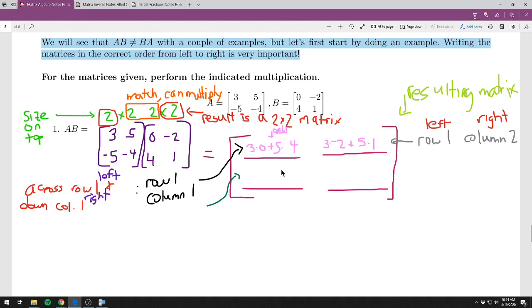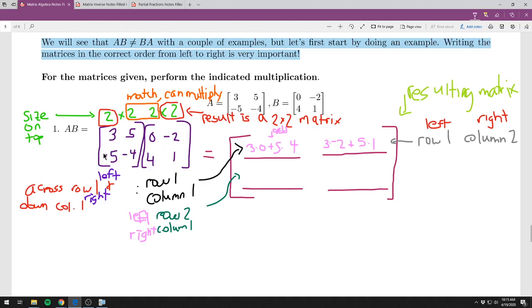All right, so this entry here is row 2, column 1. We want to go across row 2. We always go across the row on the left one, and we always go down the column on the right one. That's never going to change. So we go across row 2 as we go down column 1.